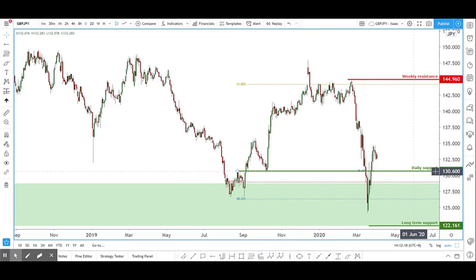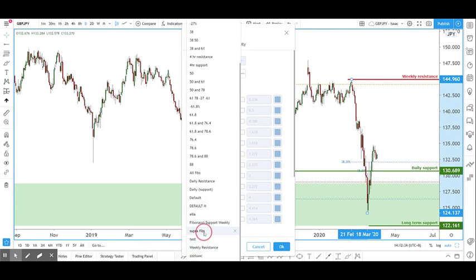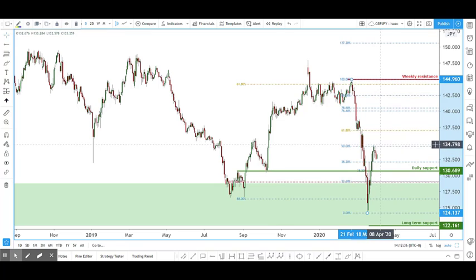Okay, so we have a daily support level, and I want to find where's my daily resistance. Since price made such a sharp move down, I want to see how far I can retrace up. Take the retracement from swing high to the swing low here, and I open up all ratios. And I see that price actually reacted below the 50. And of course, there's still a graphical level here at the 61.8.